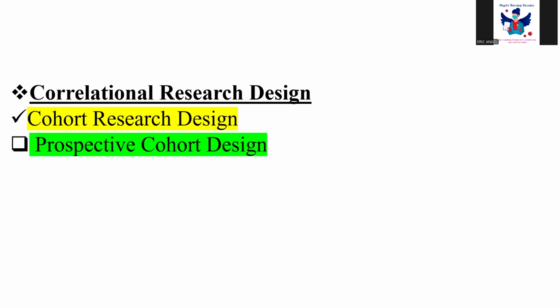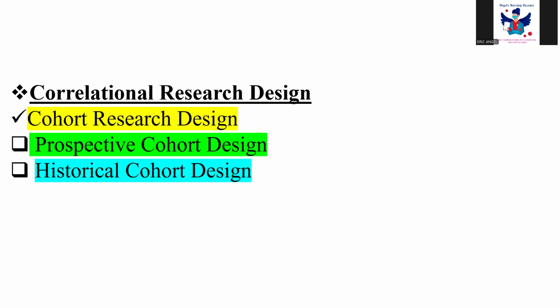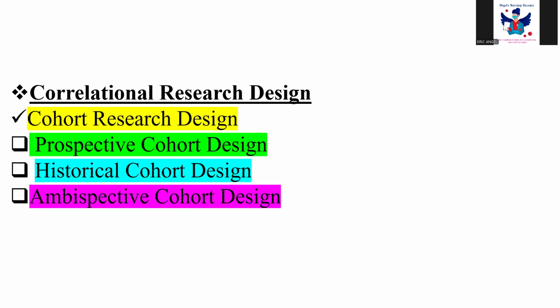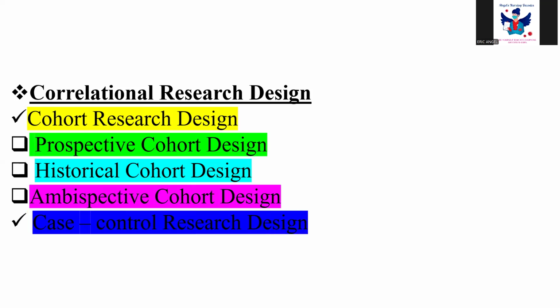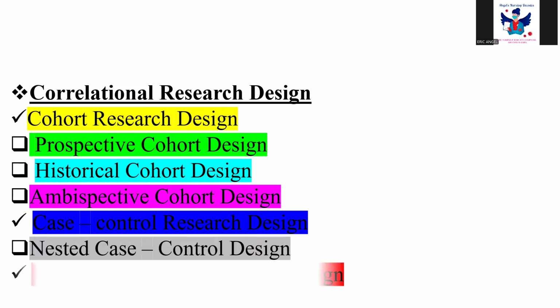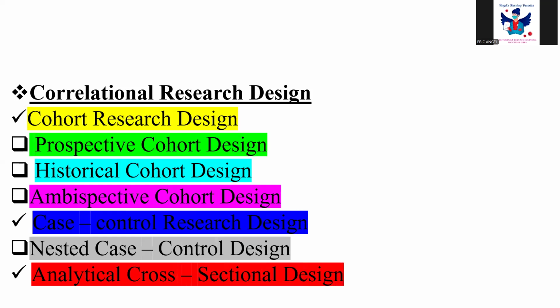This cohort research design is classified into three: first, prospective cohort design, historical cohort design, ambispective cohort design. Next, the correlational research design, second type is case control research design. And the third one is analytical cross-sectional design.